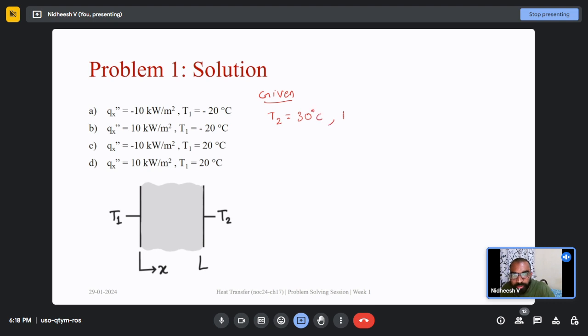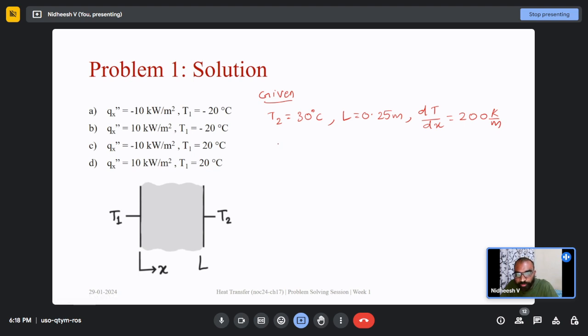And L is given to us, L was given as 0.25 meters. Right? Then dT by dx is given to us as 200 Kelvin per meter.